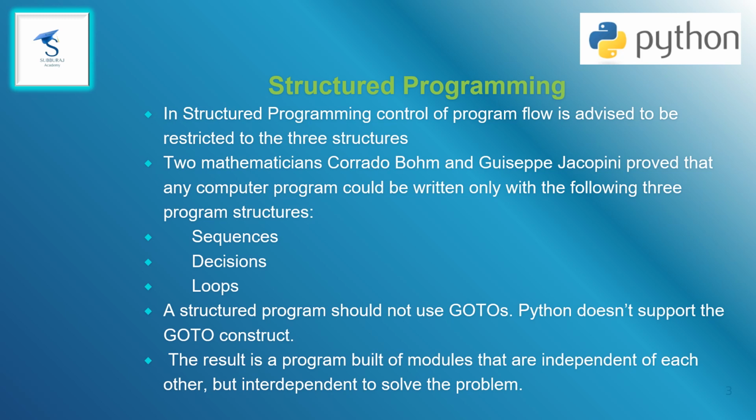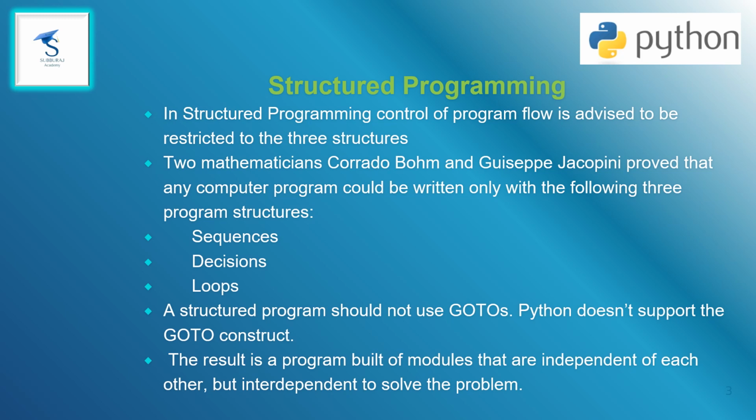In structured programming, control of program flow is advised to be restricted to three structures. Structured programming advocacy was one of the recommendations for avoiding all those pitfalls I mentioned.